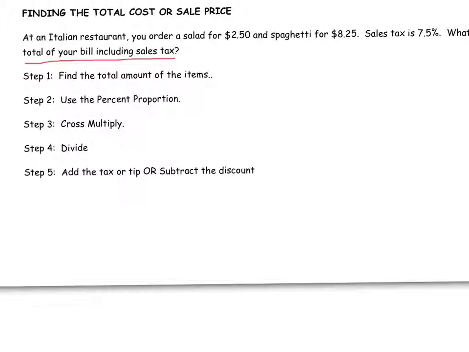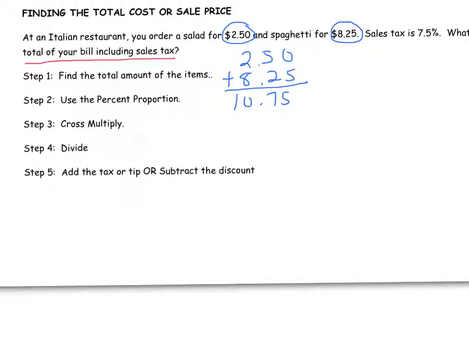So I purchased a salad and spaghetti. So I'm going to have to add those up. So $2.50 plus $8.25 is going to give me a cost of $10.75. So that's my total now. So now I have to find the part.